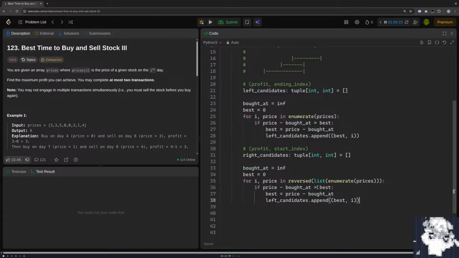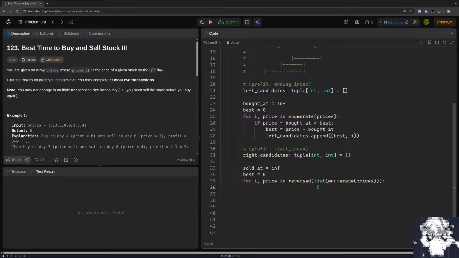So we're doing something kind of weird when we're iterating from the right. On the right side, we're not finding the bought at, we're finding the sold at. We're finding the right side of the transaction first.